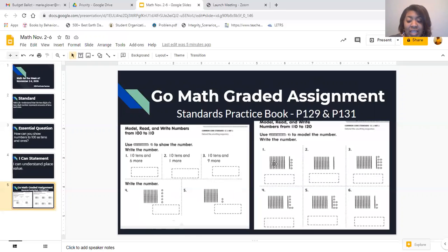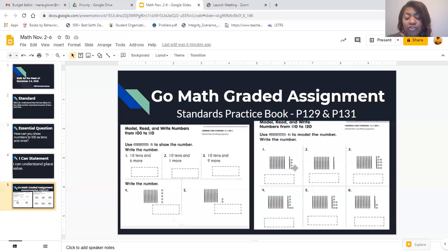Now these, we're extending the counting sequence, so these numbers will go past 110, or they will be right at 110. Let's look at number 1. 10, 20, 30, 40, 50, 60, 70, 80, 90, 100, 110, 111, 112, 113, 114.